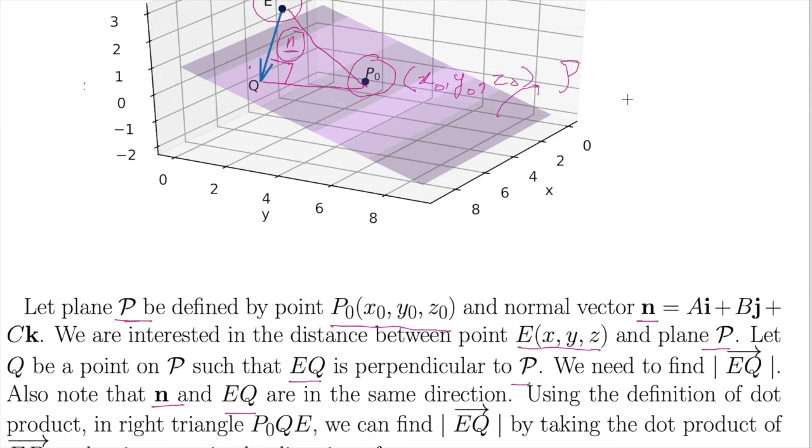Now this means that if I say EP0 dot product with n, but not any n, we have to divide it by the magnitude of n. So this is the unit vector in the direction of n. Now if I find the dot product here, this will give me this EQ.